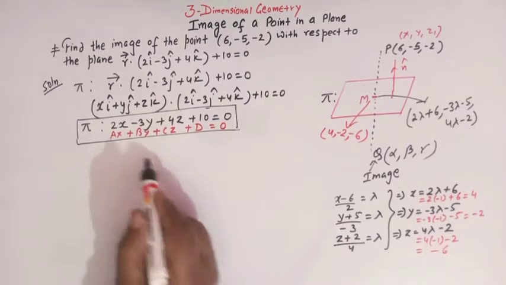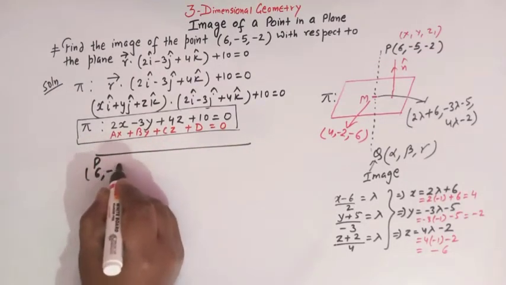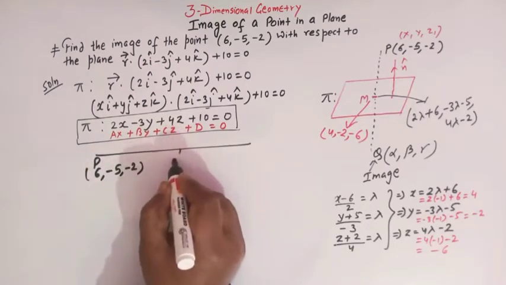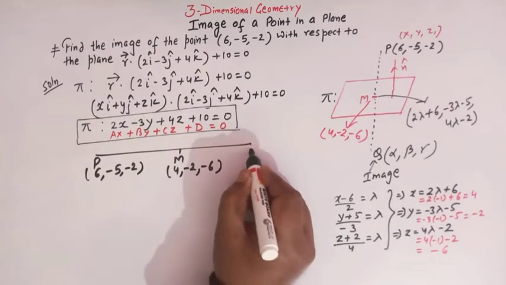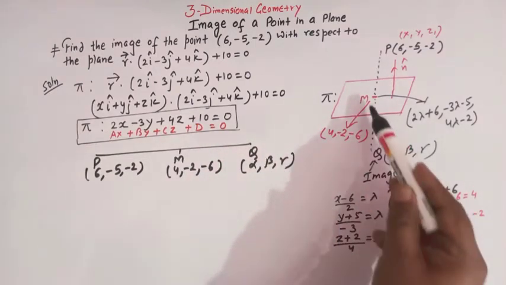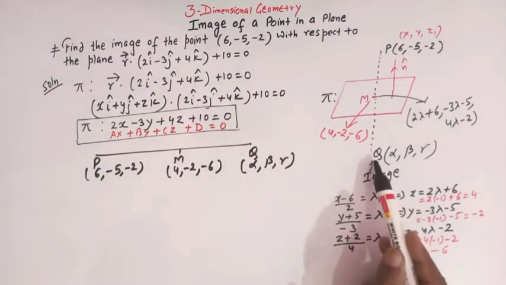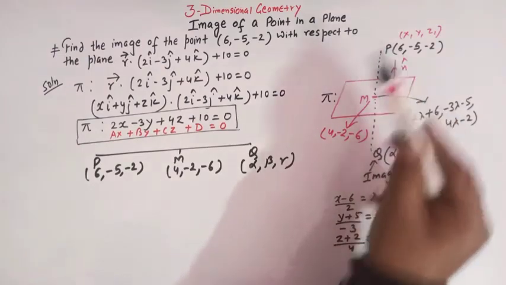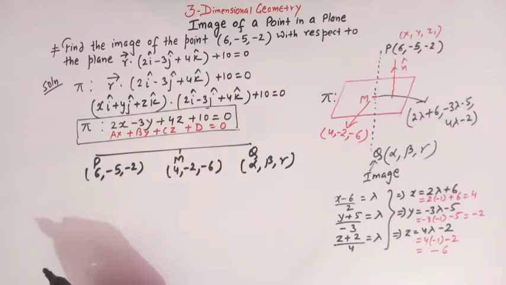Right, so now we have here P, which is (6, -5, -2). Here we have M, that is (4, -2, -6), and here we have Q, that is (α, β, γ). Right, now this point M is equidistant from this point P and Q, because Q is the image of this point P, and this plane pi acts as a mirror.